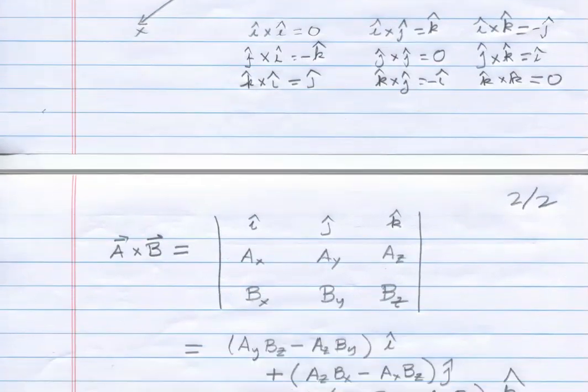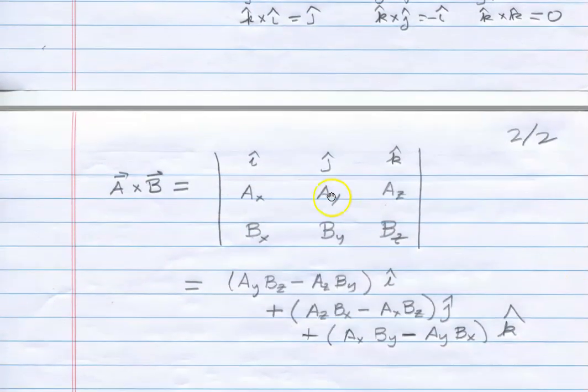You may have seen this expression. It's a way to compute the vector cross product of any two vectors, and you form the determinant. And in Cartesian coordinates, you put i hat, j hat, and k hat along the top row. And then whatever the first vector is, you put its x, y, and z components on the second row. And then the second vector, you put its x, y, z components along the third row.